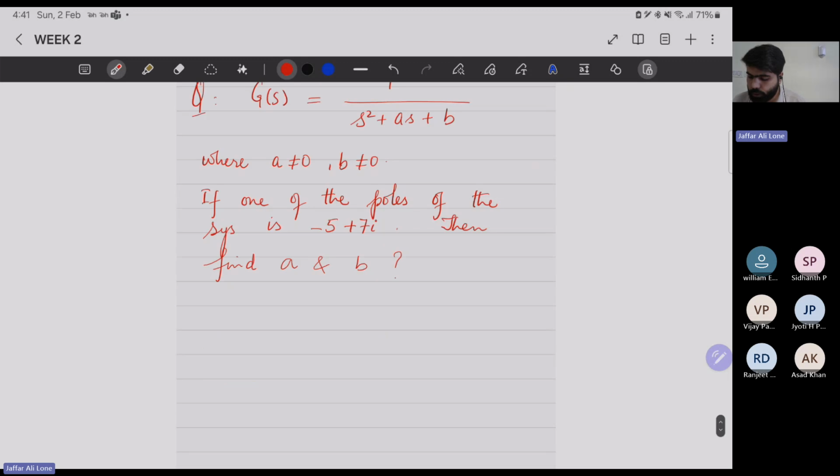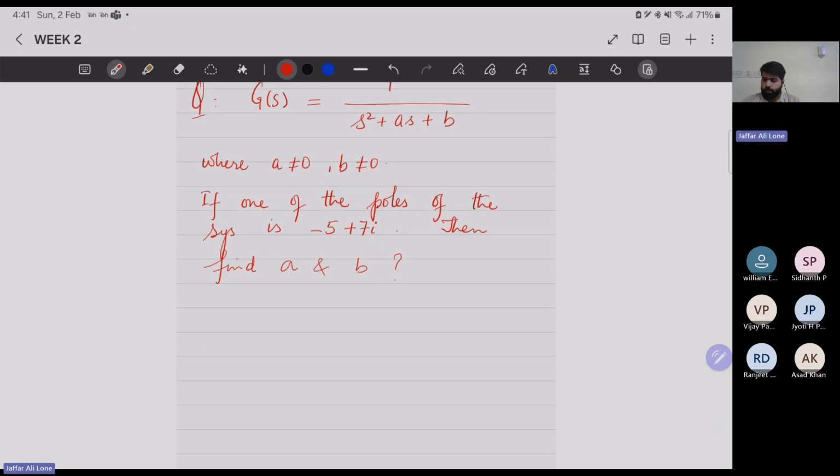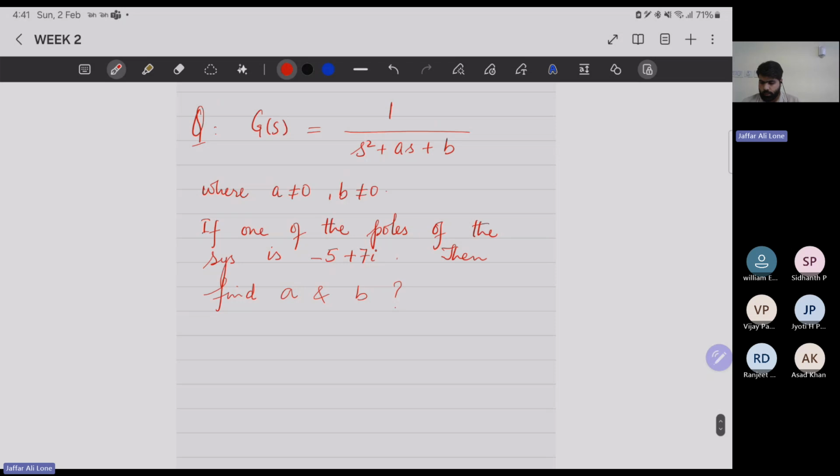You have a similar question in your assignment. So if you are given a transfer function and you are told that one pole is -5 plus 7i, then you have to find the values of a and b.